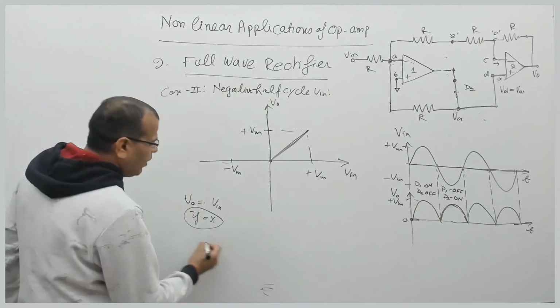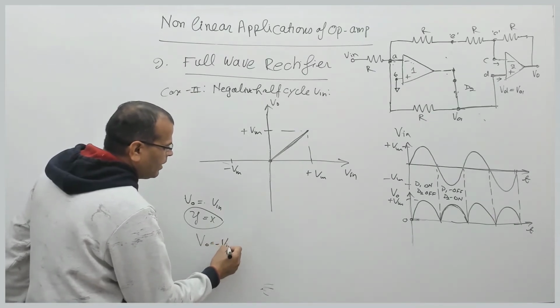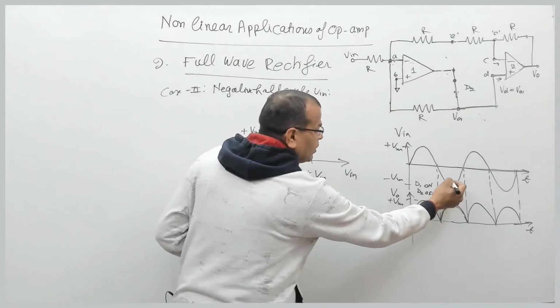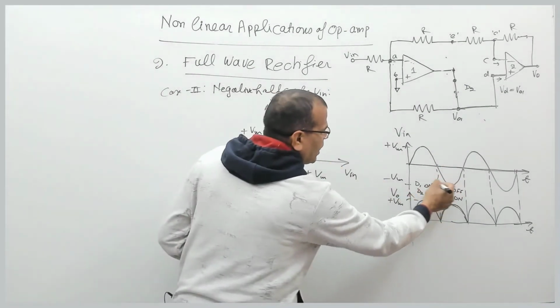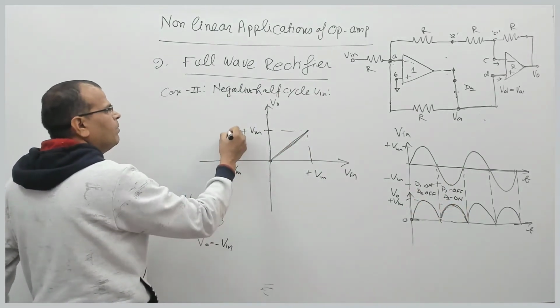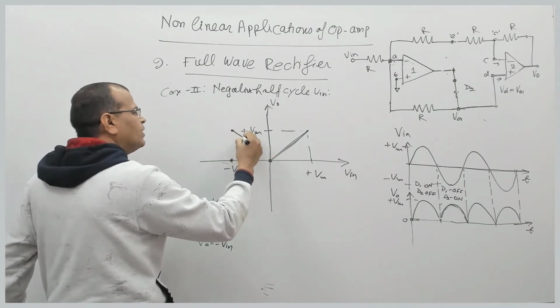During the negative half cycle, V naught is minus V in, right? Now let us see. When the input is 0, the output will be 0. But when the input is minus Vm, the output is plus Vm. And you connect the origin with this point.